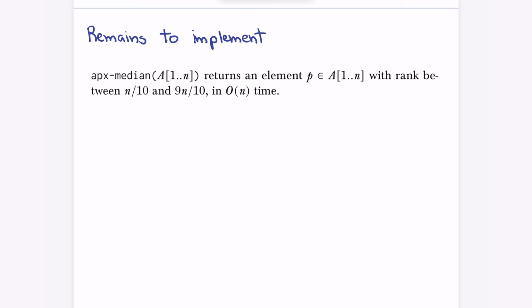Okay, so the idea is like, can we somehow use select and get one of the extreme ones, maybe the extreme ones would be easier, right? And let's say you did select with n over 10. But why would n over 10 be easier?